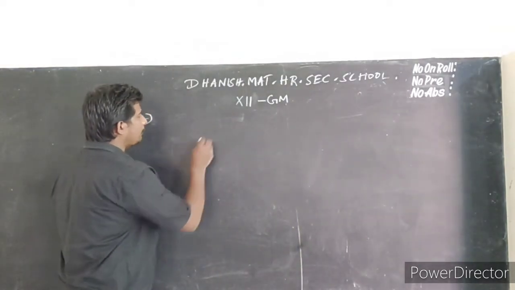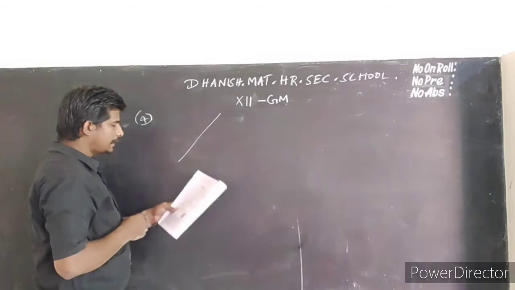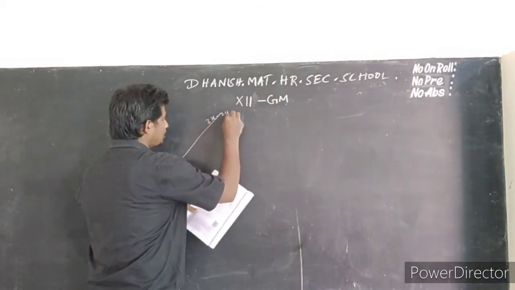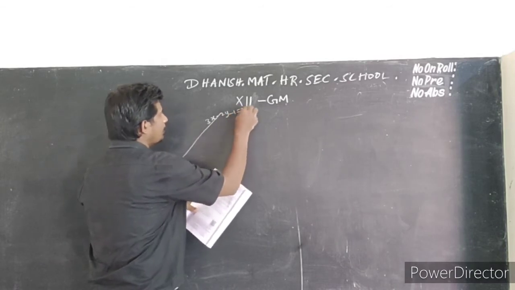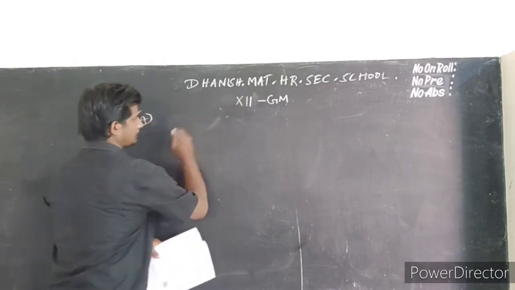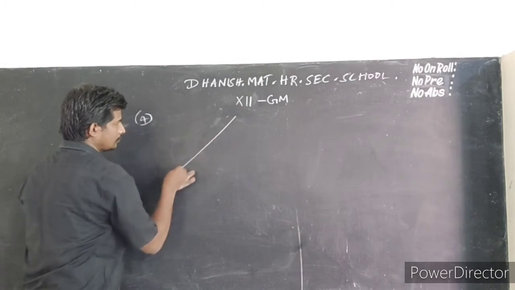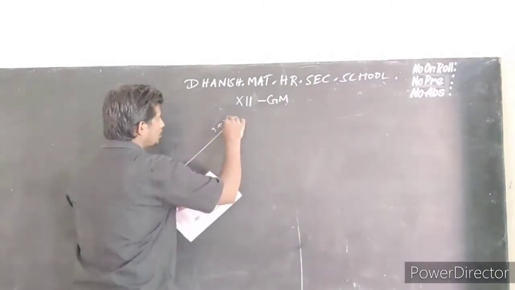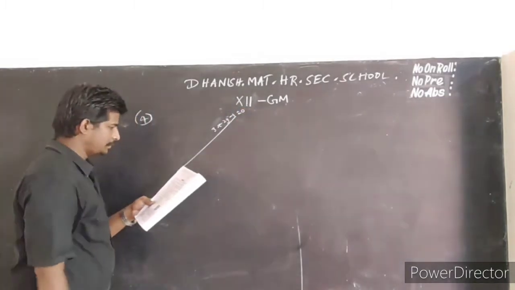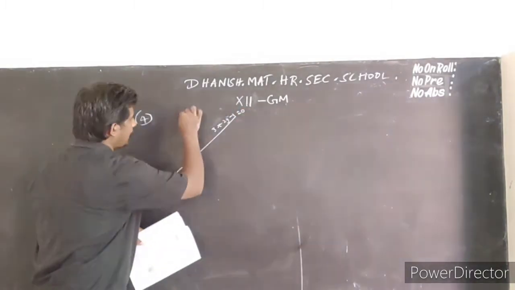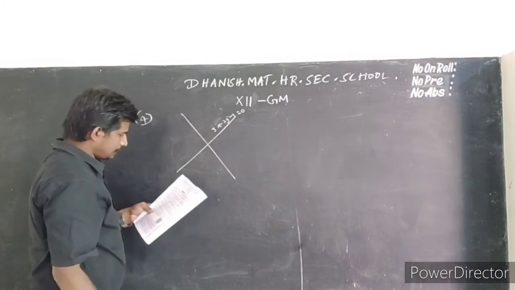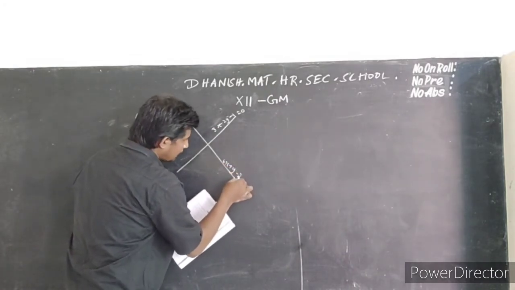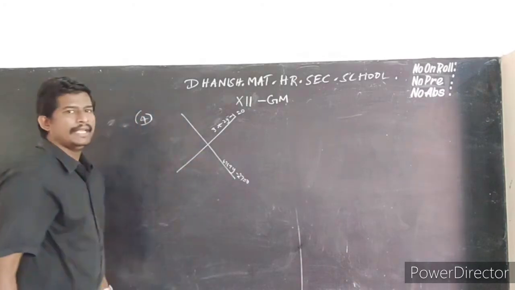So our diagram will be like this. This is the line 3x minus 2y minus 1 equal to 0. Then there is one more line, 4x plus y minus 27 equal to 0.